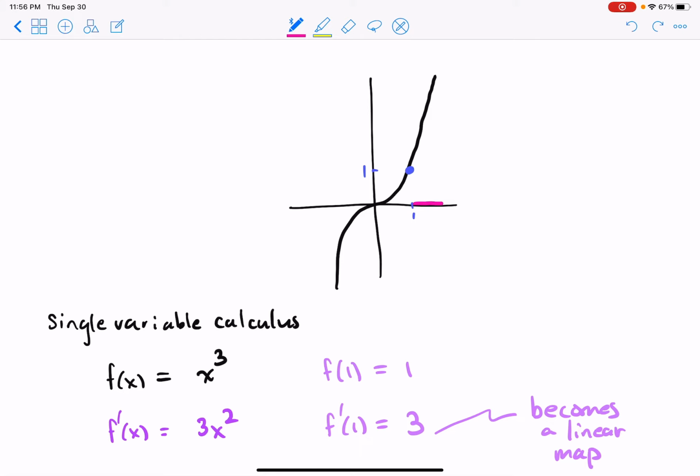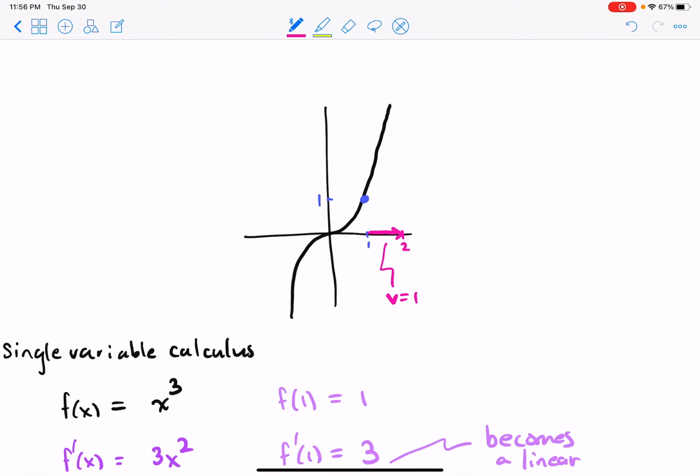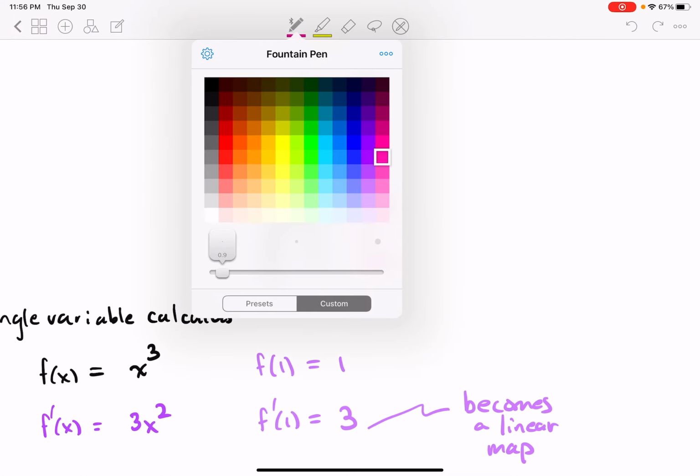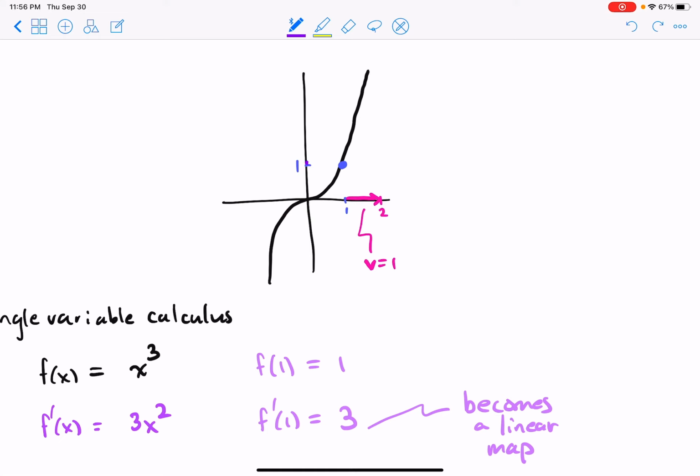What it means is if I step 1 unit to the right, I'm over at 2 now, but this was a step of 1, so I'm going to call this v equals 1. It's an input movement vector. What should my output be? How should my output change? My output was at height 1, and now the claim is that it should move 3. 2, 2, 3.